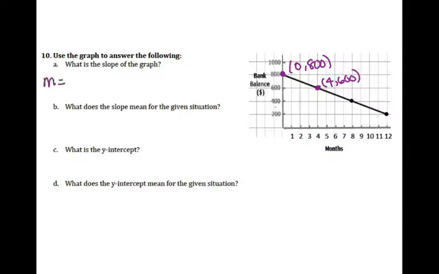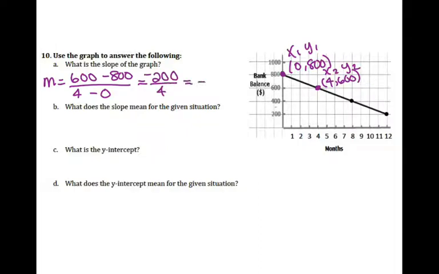So I have m equals y2, so I'm going to go ahead and label my points. x1, y1, x2, y2. So y2 minus y1 over x2 minus x1. That gives me negative 200 over 4, which is negative 50.